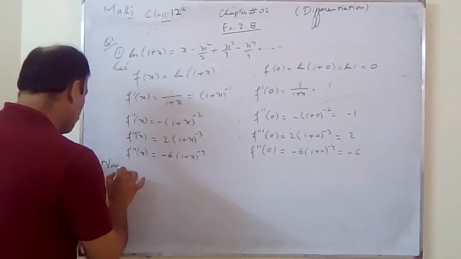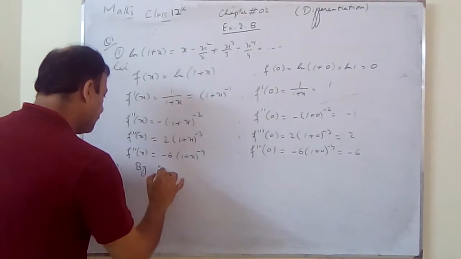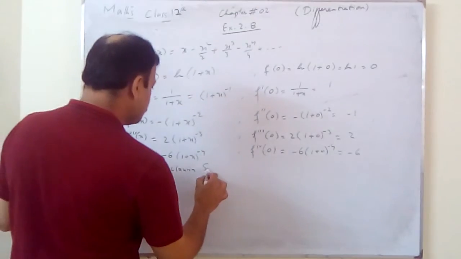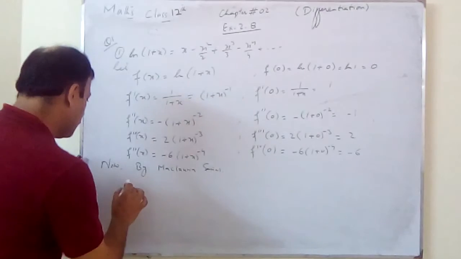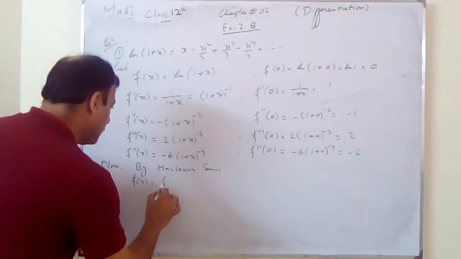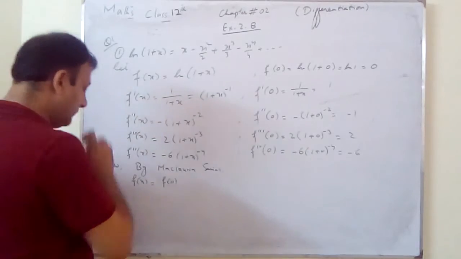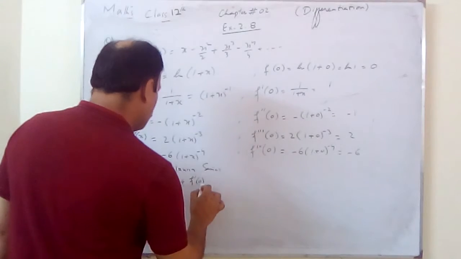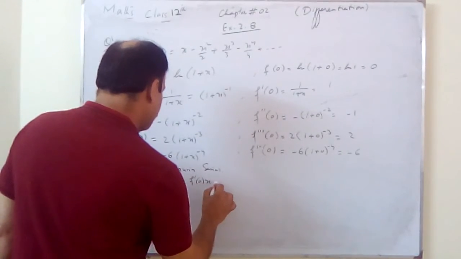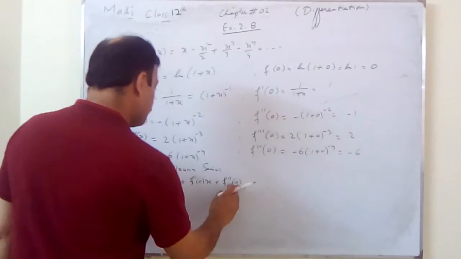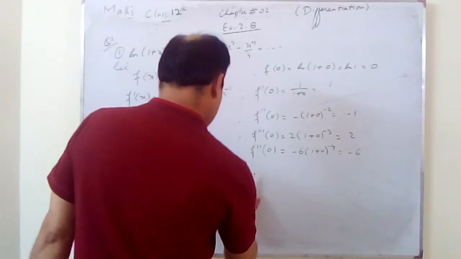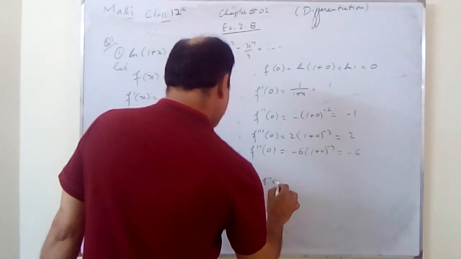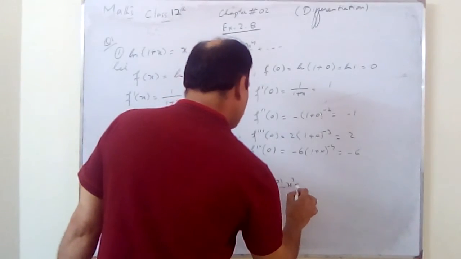Now, by Maclaurin series, f of x is equal to f of 0 plus f prime of 0 into x plus f double prime of 0 divided by 2 factorial x square plus f triple prime of 0 divided by 3 factorial x cube and so on.